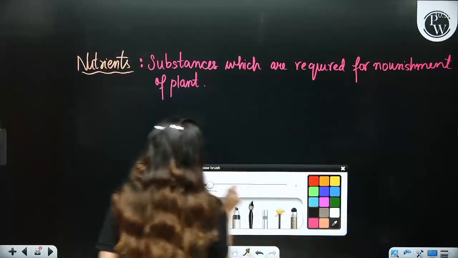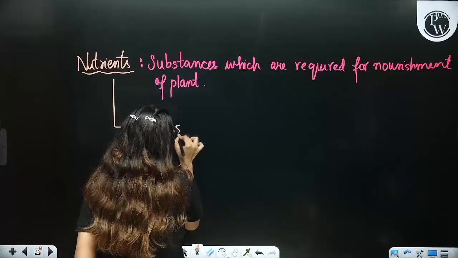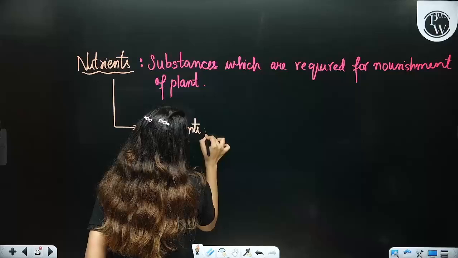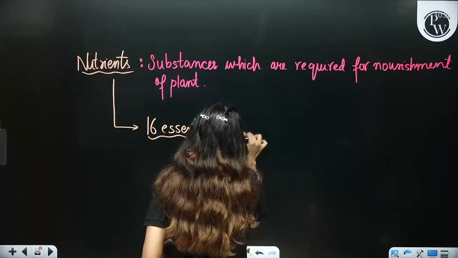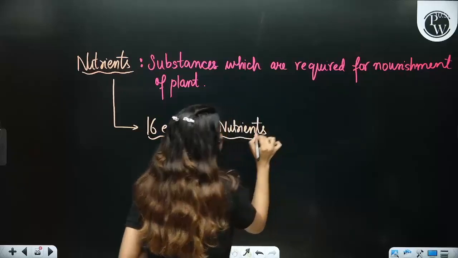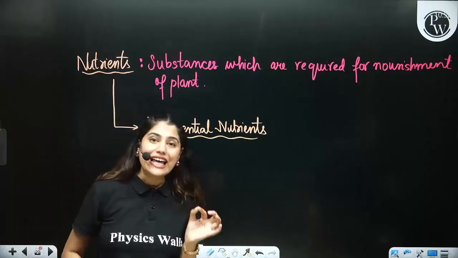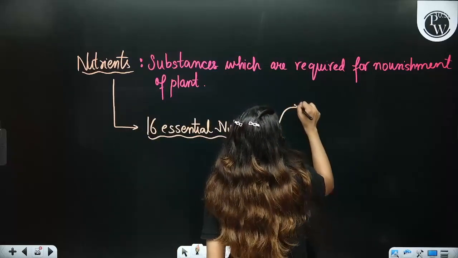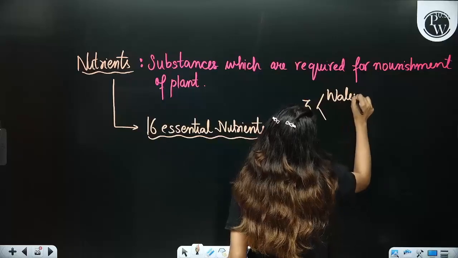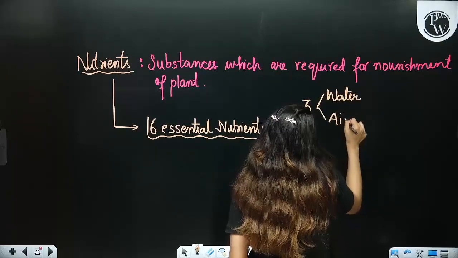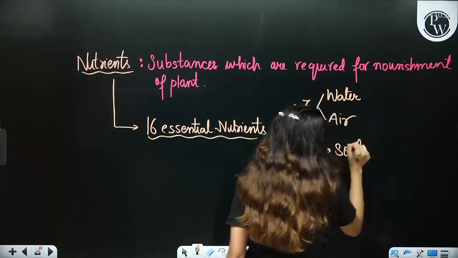Out of these 16 nutrients, 3 the plant gets from the air and water, and the remaining 13 the plant gets from the soil.